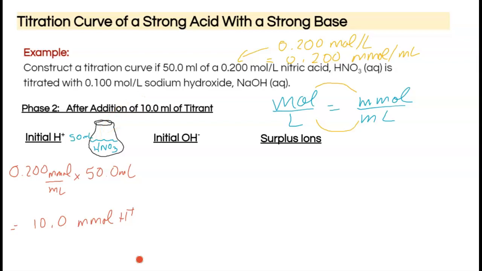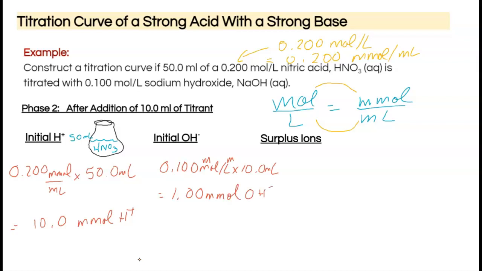Let's do the same thing for my hydroxide ion concentration. At this point, I'm starting out with 0.100 moles per liter, which is equivalent to millimoles per milliliter, remember? But I've only added 10 milliliters. So far, what I have is 1.00 millimole of hydroxide.